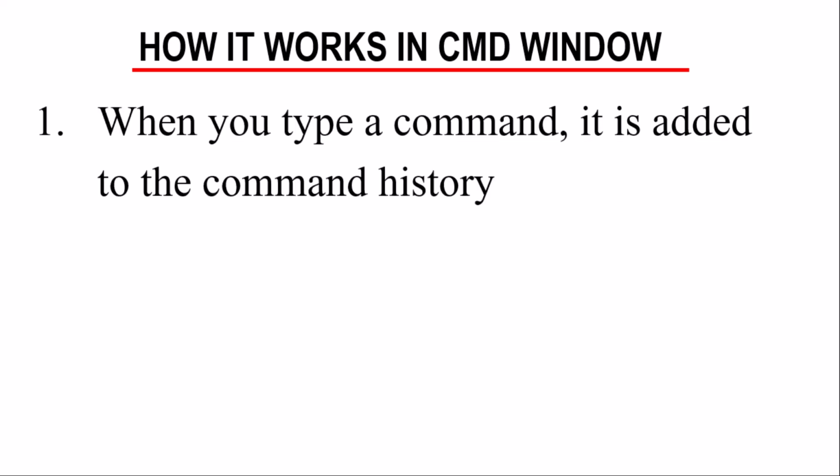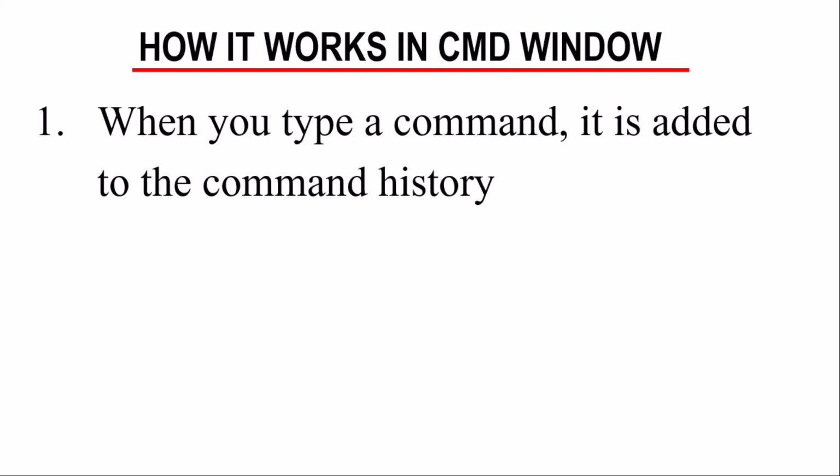First, when you type a command, it is added to the command history. That is because the size is there to contain the number of stored or executed commands. The moment you type in a command, it is automatically added to the command history.